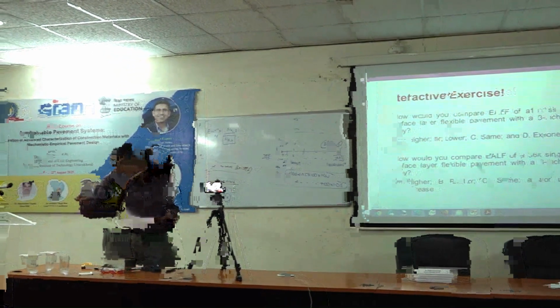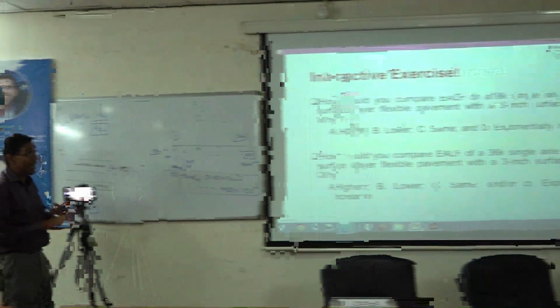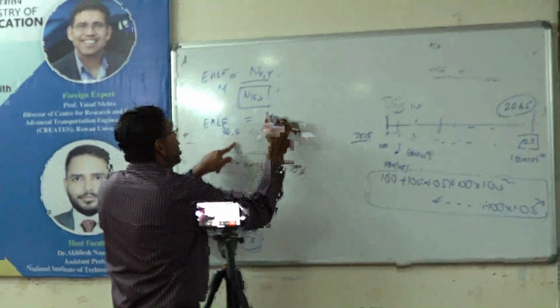Go back to the notes and tell me, for ELF 36 single, how will you compare? Will it be the same? So you're comparing ELF of a 36 kip single axle. Remember the terminology: the load can be single or tandem, given by N36S over N18. Correct?